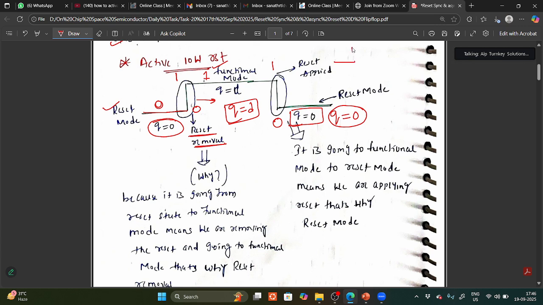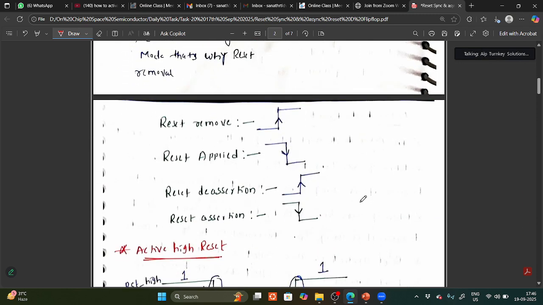When it is going from 0 to 1, we call it reset removal, or reset deasserted; both are the same.